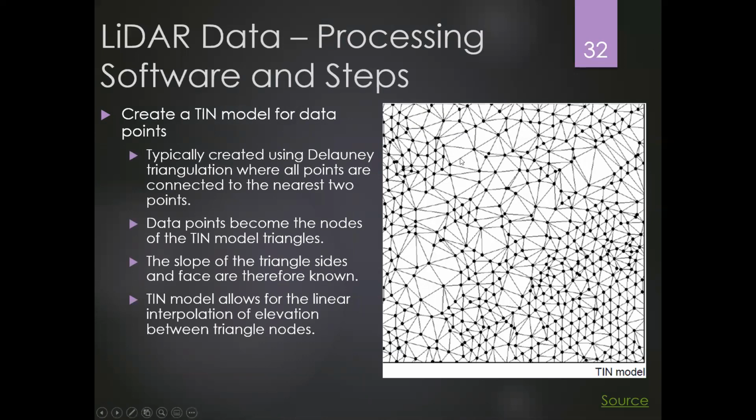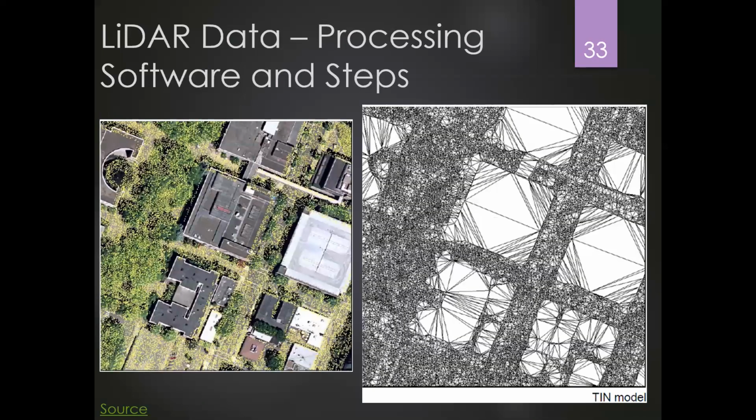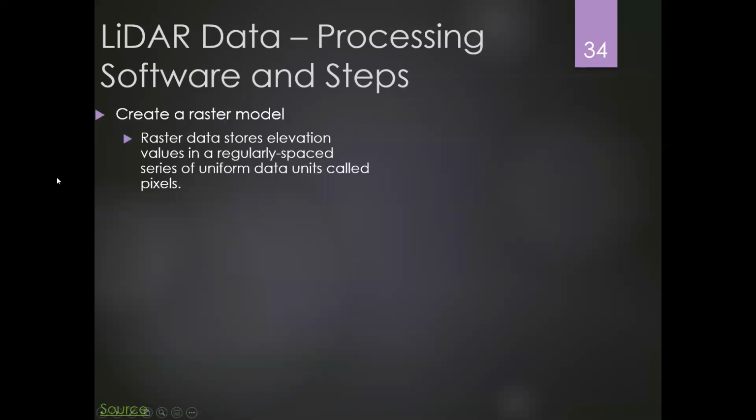If we randomly choose two pairs of data points, the distance between each pair usually is different, right? But in a raster data file, you need to create a regularly spaced series of pixels, which means we need to do something called interpolation.